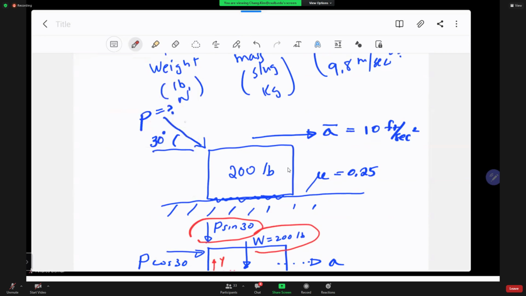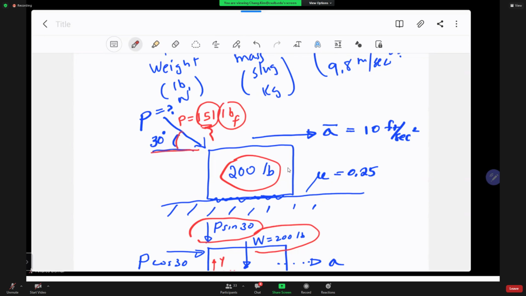It requires the load P equal to 151 pound force, applied at the angle of 30 degrees, in order to accelerate the 200 pound mass block to the right. We want to accelerate 10 foot per second squared. Then we need 151 pounds of force at a 30-degree incline.